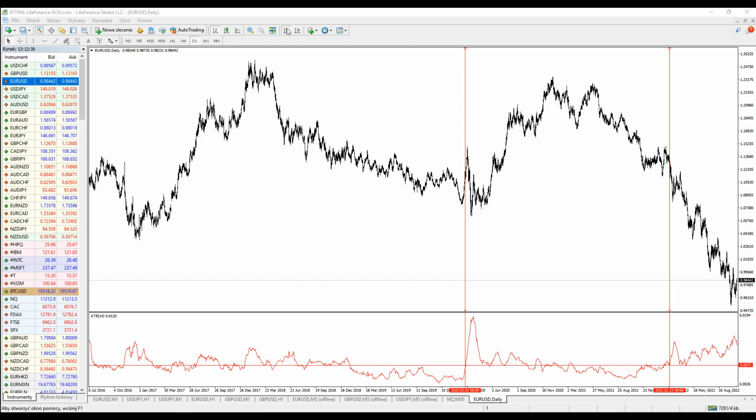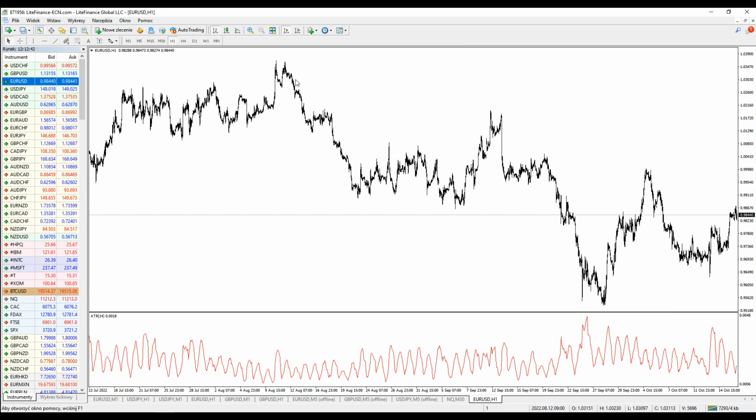Okay, so let's switch lower. Let's have a look at the 1 hour chart, and let's determine if there was something indicating that things are about to change when it comes to day trading. I'm looking for the most touches, so probably it's going to be somewhere here.